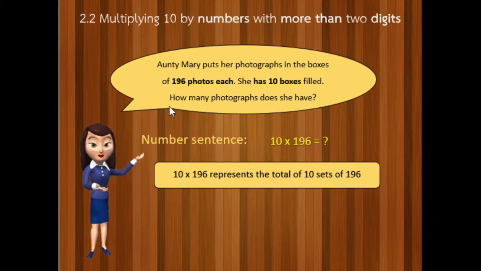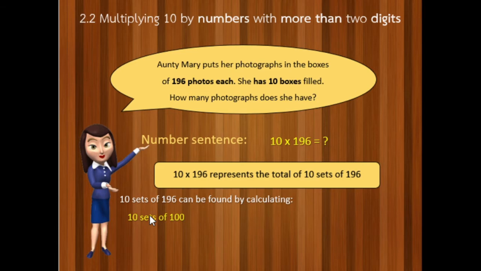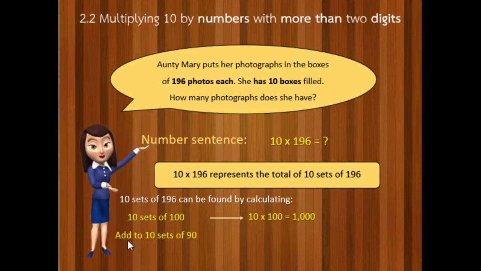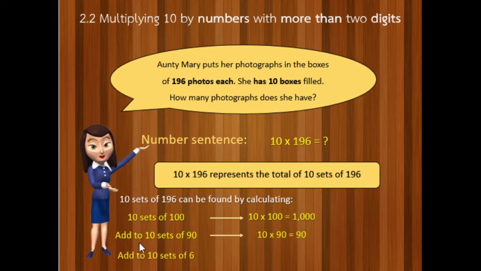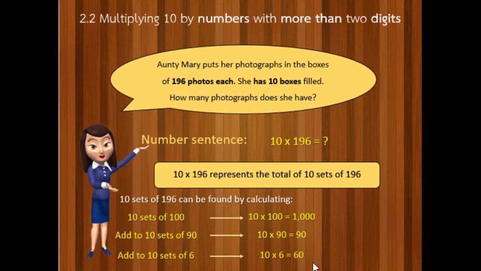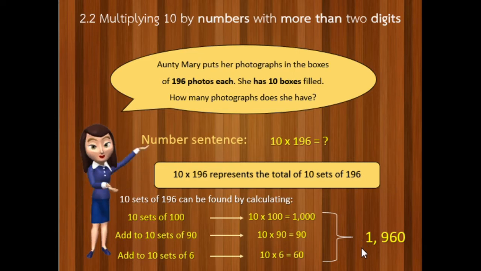This is to answer the question, how many photographs does she have? So, this is the breakdown. We have 10 sets of 100, so we can have 1,000. Add 10 sets of 90, we have 900, and another 10 sets of 6, so we have here 60. We add them together, we get 1,960.